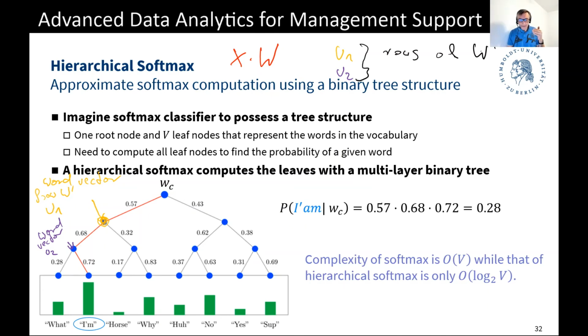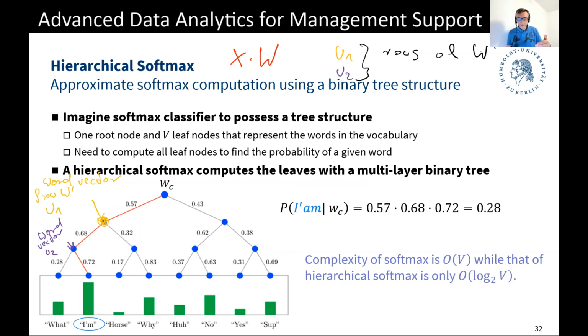Specifically, we update the weights in W prime that correspond to nodes on the path that we traverse when going from WC to the context word that currently makes up our training example, PIM and WC.